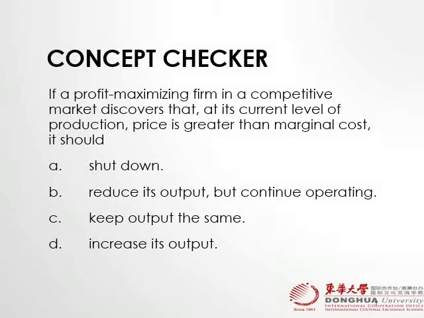AR concept checker, and I just want you to pause the video and try to solve it by yourself, then we solve it together. So if a profit maximizing firm in a competitive market discovers that at the current level of production price is greater than the marginal cost. So what the question is saying, price greater than marginal cost.